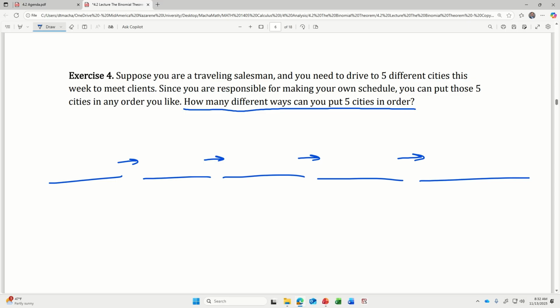15? Why do you say 15? I just did the n times n plus 1 over 2. Oh, no, it's not that. What did you say, sorry? 24. How did you come up with 24? It'd be 5 different cities, so you have to put them in 5 different ways. So then it'd be 25.